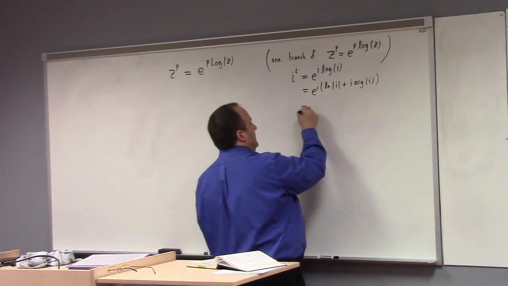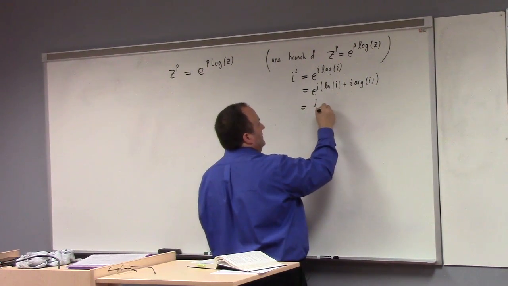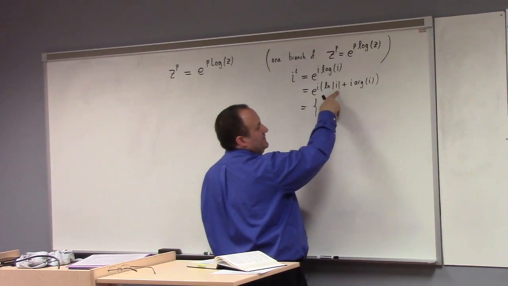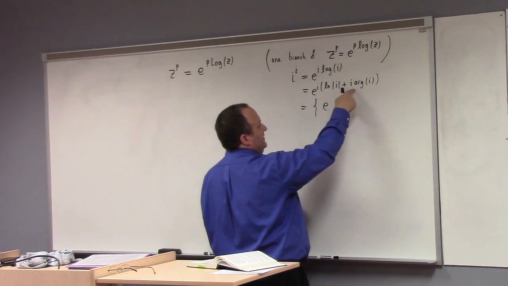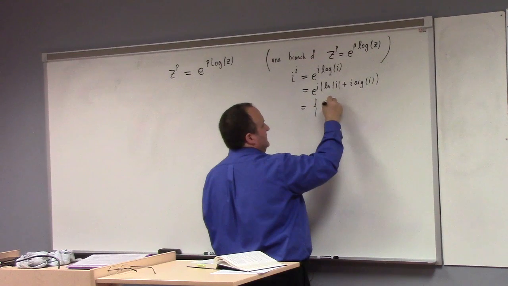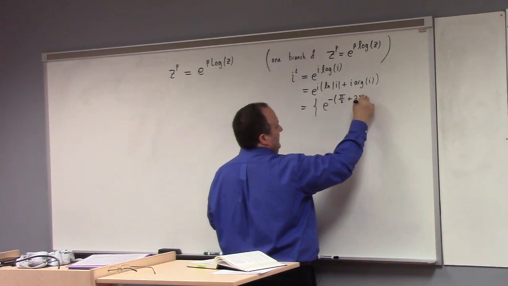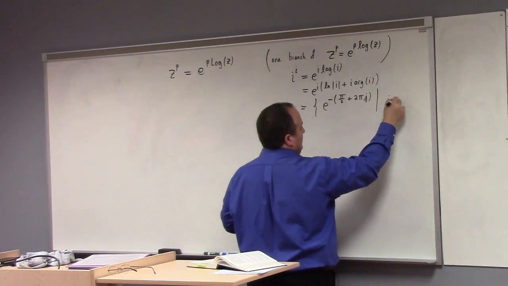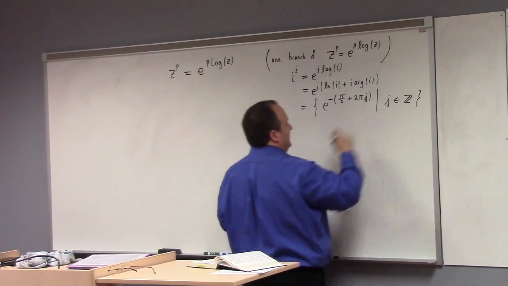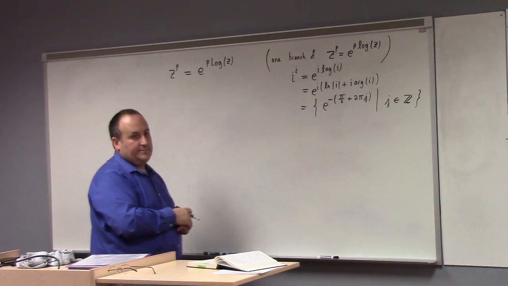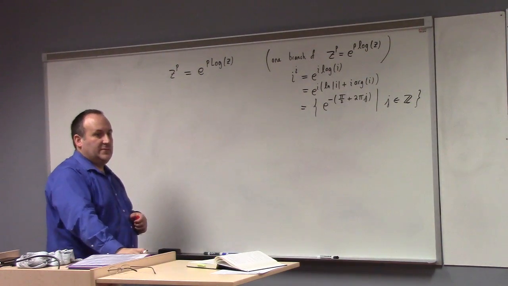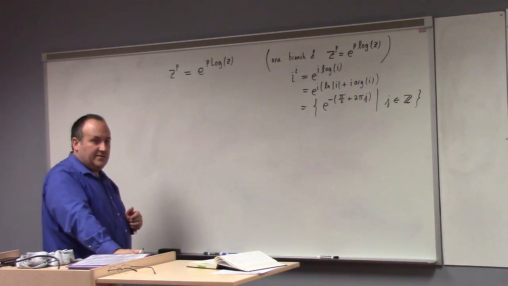So this is literally the set. Natural log of 1 is 0, so that's gone. So we get i times i is minus 1, so we get minus parentheses pi over 2 plus 2 pi j, such that j is an integer. See, that's an infinite set of values, right?